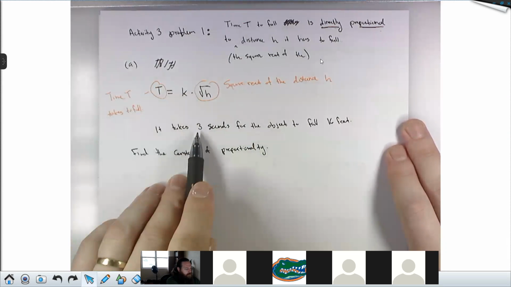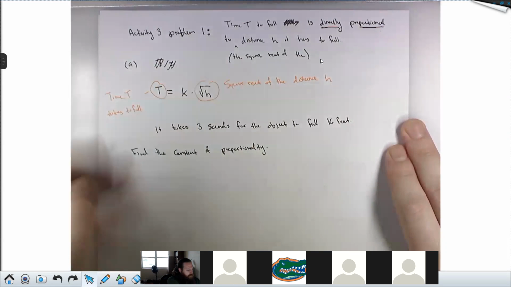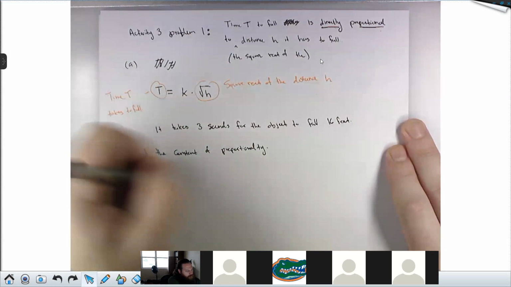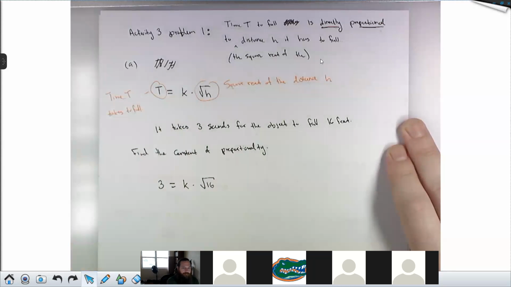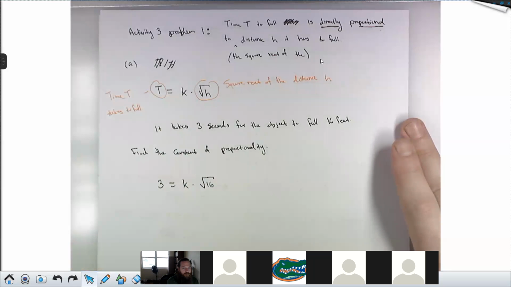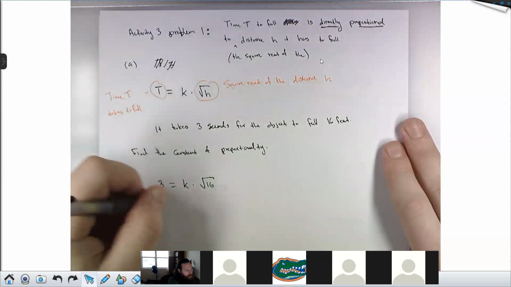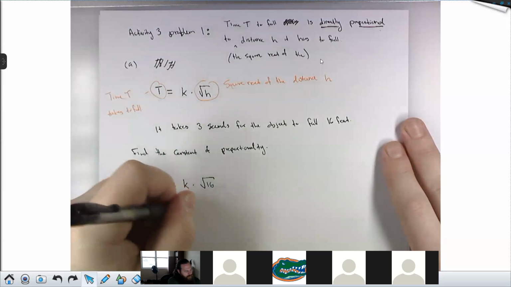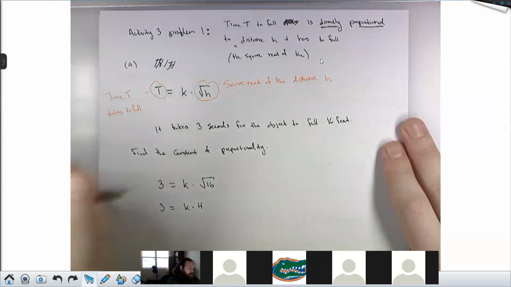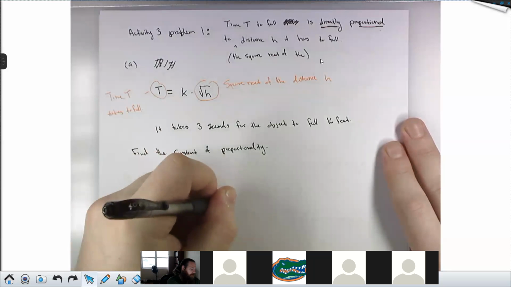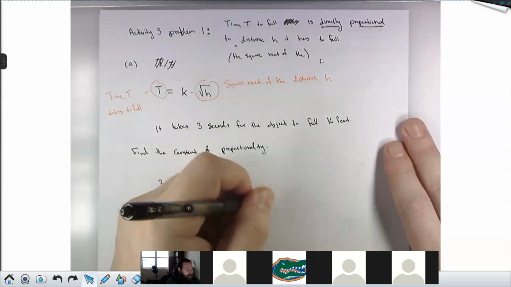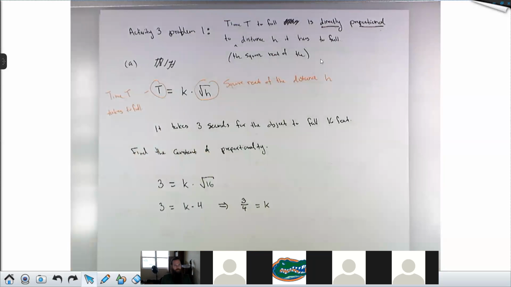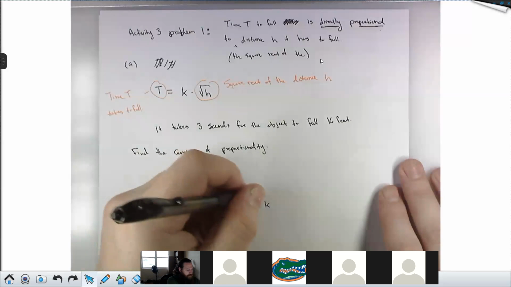Well, if the time is 3 seconds when the height is 16, that means 3 is equal to k times the square root of 16. In other words, 3 is equal to k times 4, which means dividing both sides by 4, that 3/4 is equal to k. So that's the constant of proportionality.